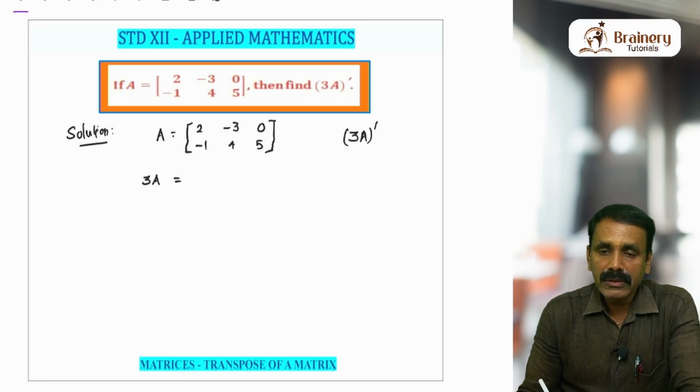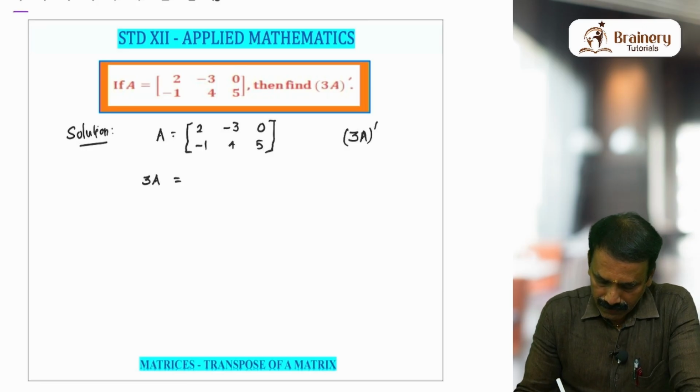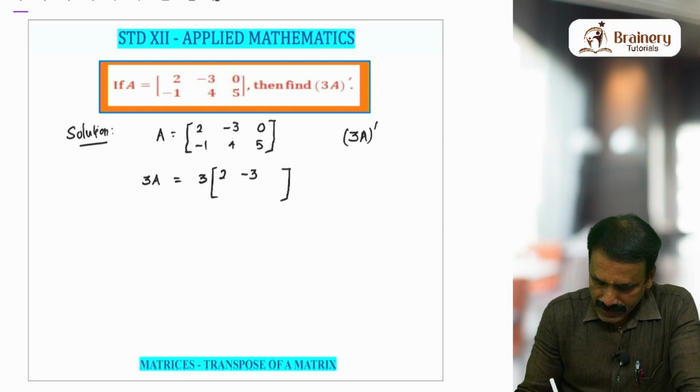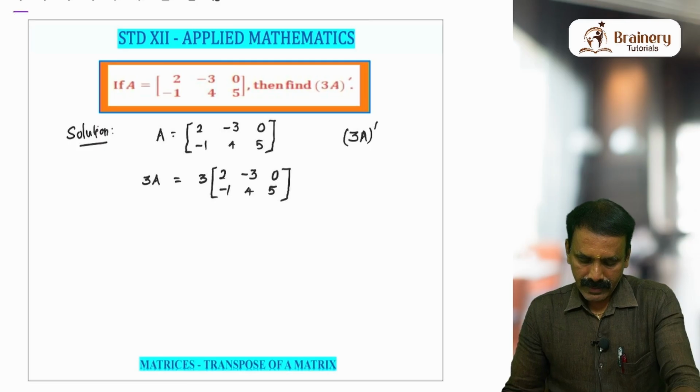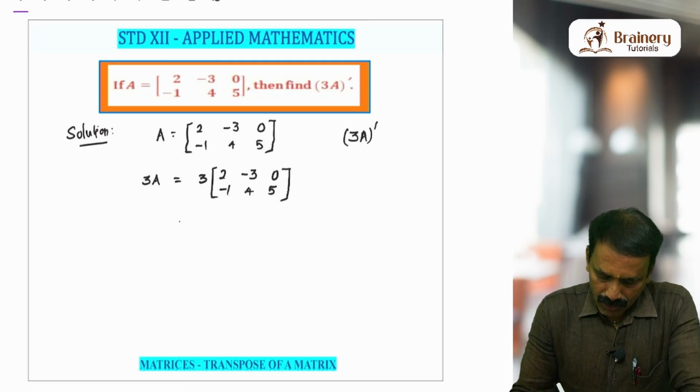3A is equal to, we multiply the scalar 3 to the matrix 2 minus 3 0, minus 1 4 5. So when you multiply, what will you get?